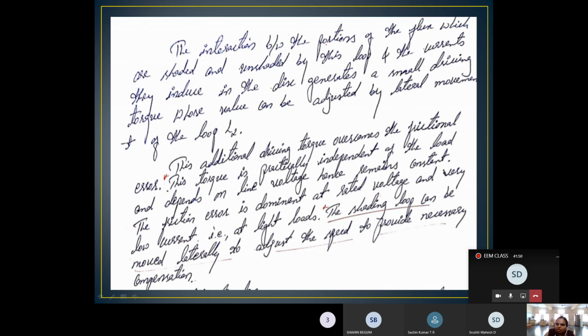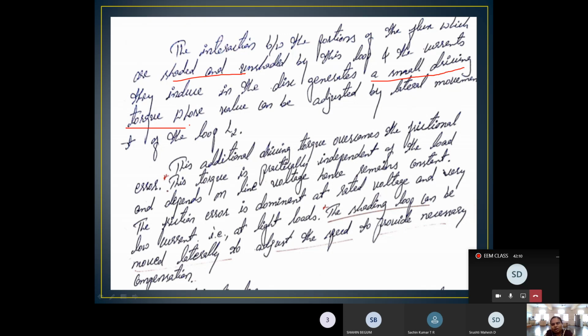Next, the interaction between the portion of the flux which is shaded and unshaded, it depends on this loop, and the currents they induce in the disc generate a small driving torque.